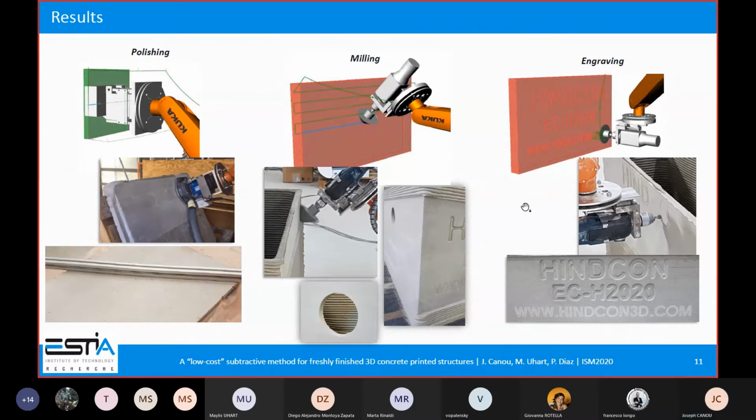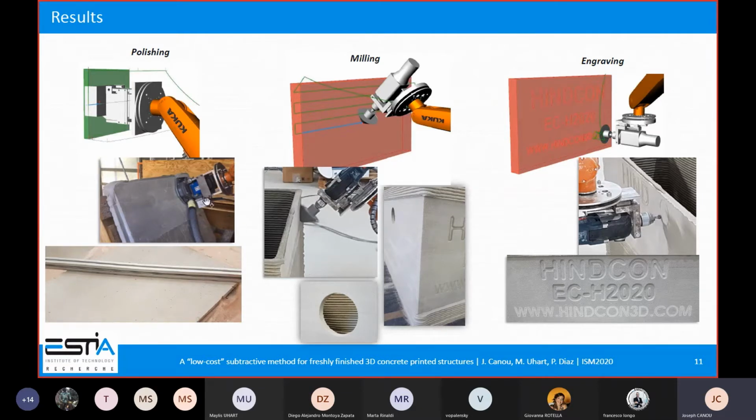And we also were able to do some engraving. So from a picture, we can extract, here it's just letters, but we will show you on another picture that we were able also to engrave some pictures. So you can extract the information and then you can work directly on the surface.